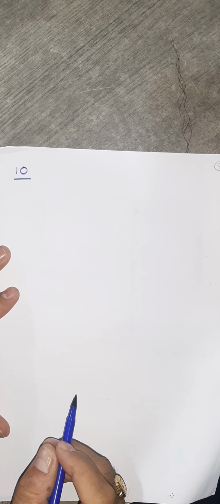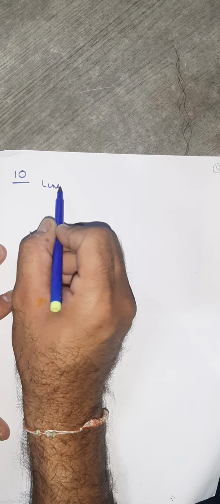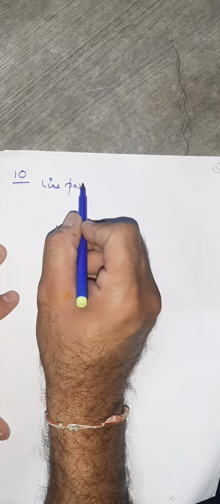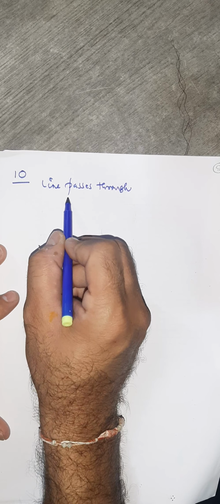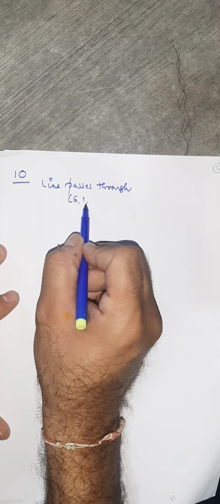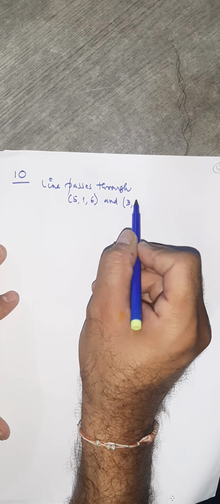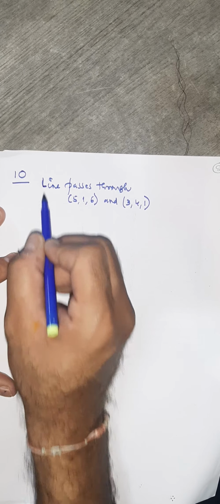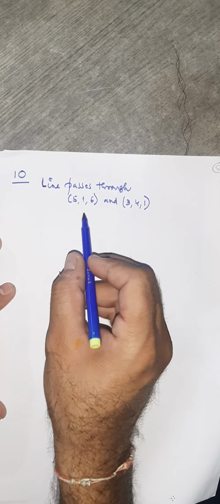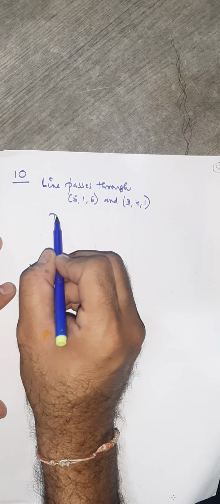In the 10th question, find the coordinates of the point where the line through these two points, 5, 1, 6 and 3, 4, 1, crosses the plane. So the line passes through these 2 points. Therefore, the direction of the line, obviously this minus this.